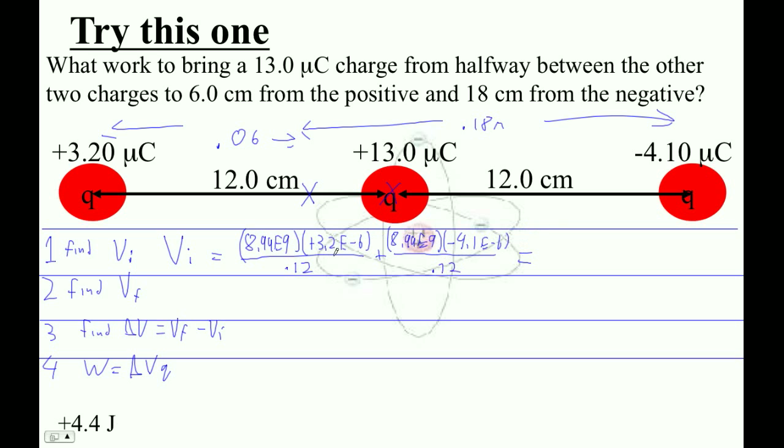All right, 3.2, 0.12, plus 8.99E9 times negative 4.1 times 10 to the minus 6th, divided by 0.12, is that right?